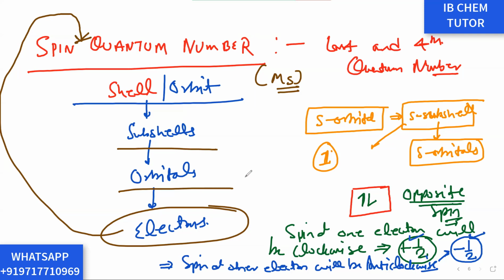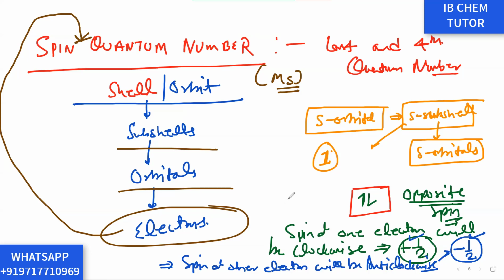Okay, so this was the last and final quantum number, that is spin quantum number. And the spin quantum number gives us the information about the electrons' spin, that one has to be clockwise and the other has to be anti-clockwise to balance each other. Okay, so this is nature's law. So this is how we go about it.